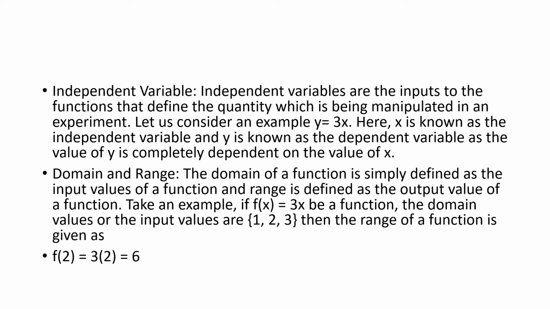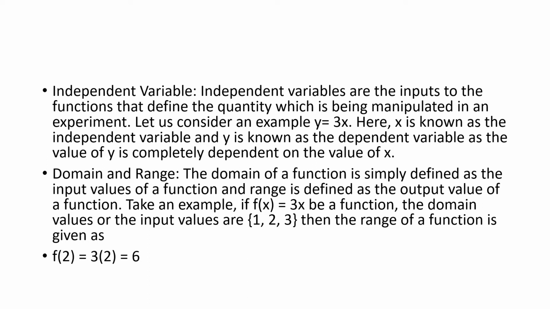So if you consider the example y is equal to 3x, here we have to understand that x is something which is independent. It is not dependent on y, whereas y is a variable which will change its values depending upon the value of x. So here y is a dependent variable and x is an independent variable.